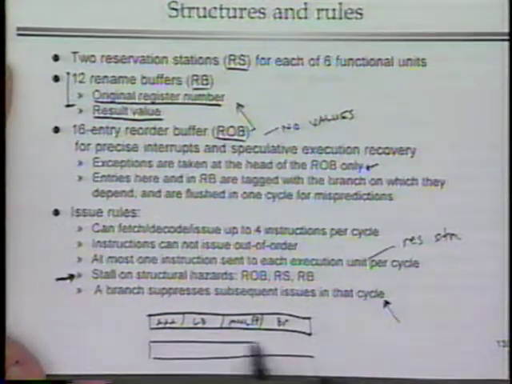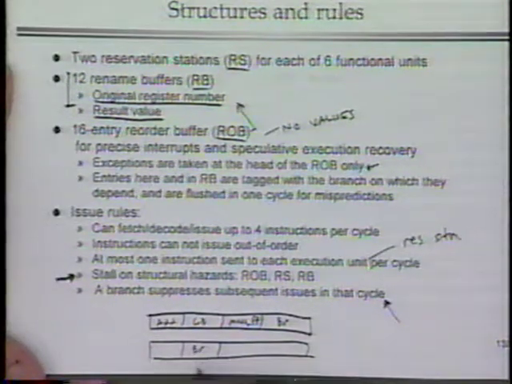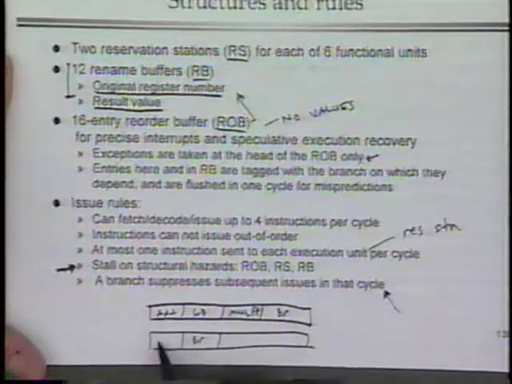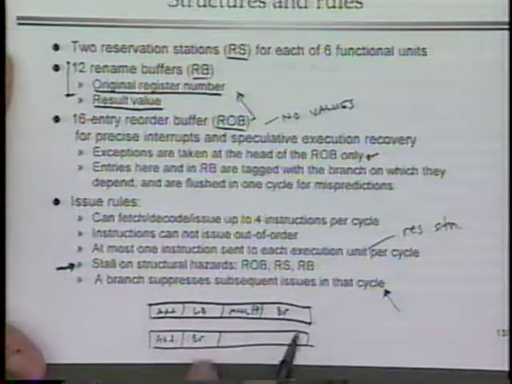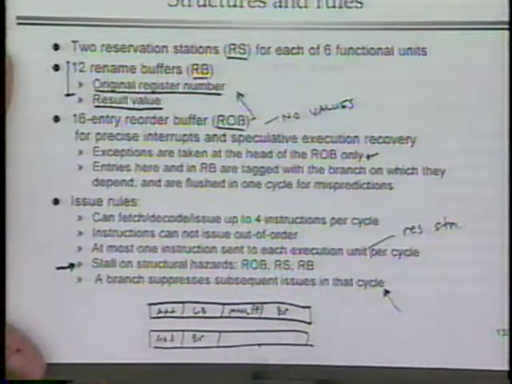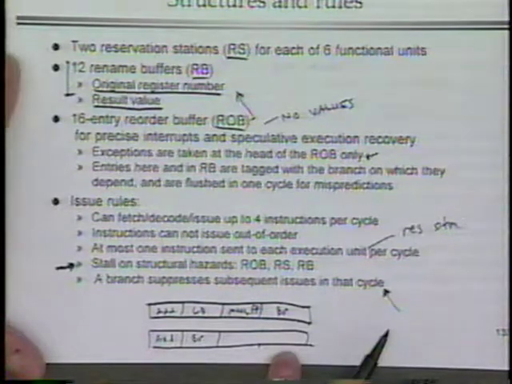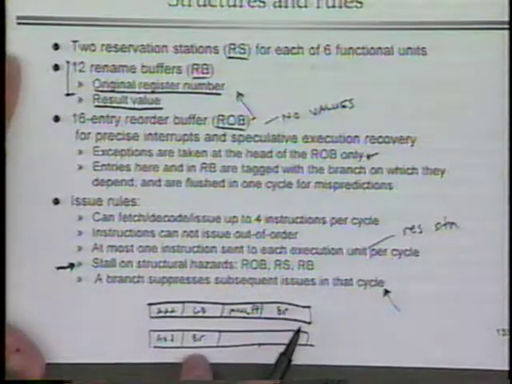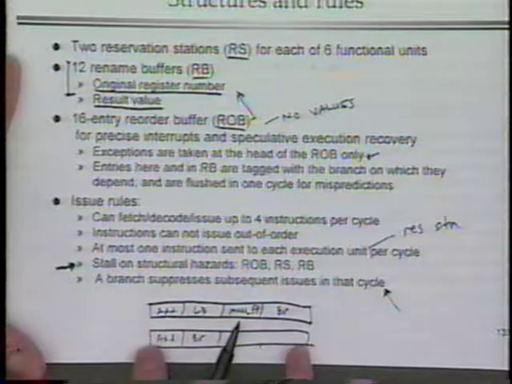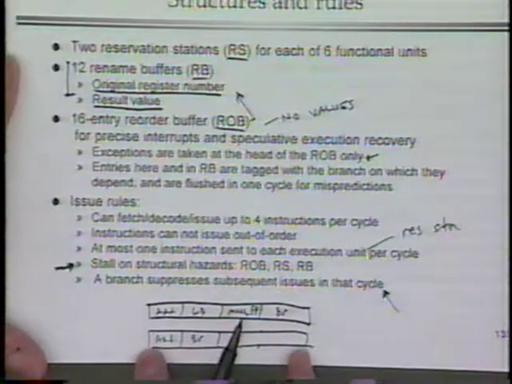But if there were a branch somewhere earlier on in the quad word, if the branch were the second instruction, then I could issue the add, I could issue the branch, but these two instructions would not issue. Basically, the limitation is there can be only one branch per quad word that gets issued in one cycle.